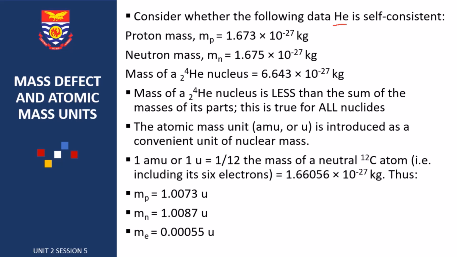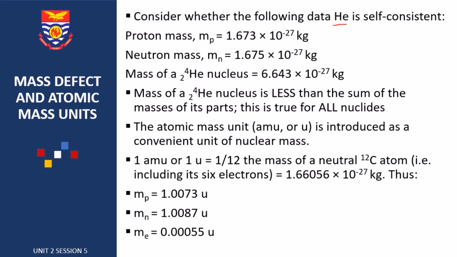However, the mass of the entire nucleus is 6.643 times 10 to the power negative 27 kilogram, and this is less than the sum of the masses of the protons and neutrons that are present in the nucleus. And this is true for all nuclides.